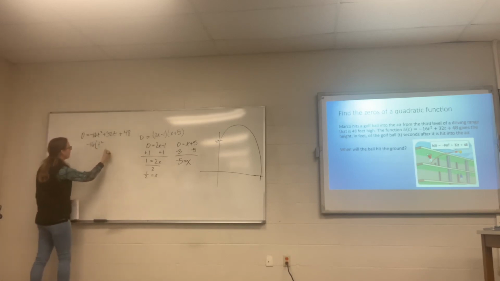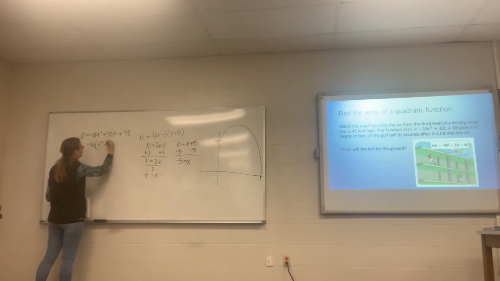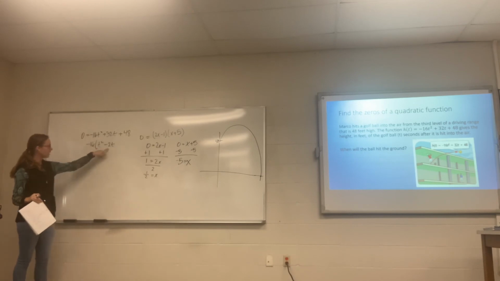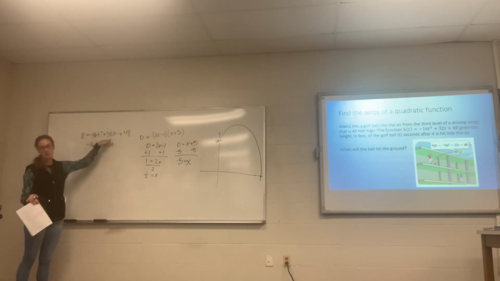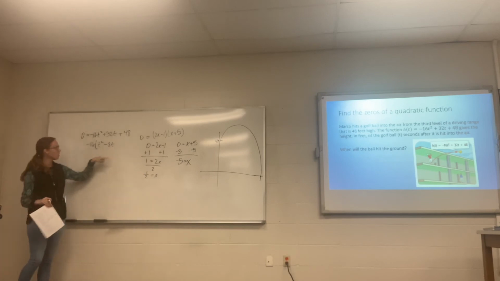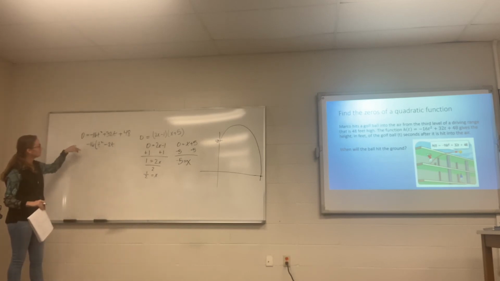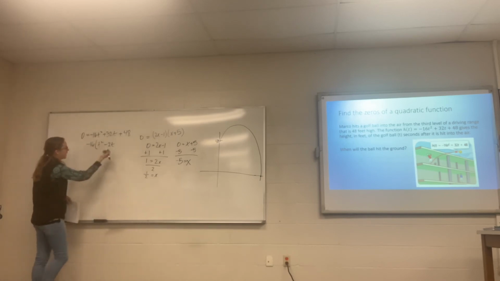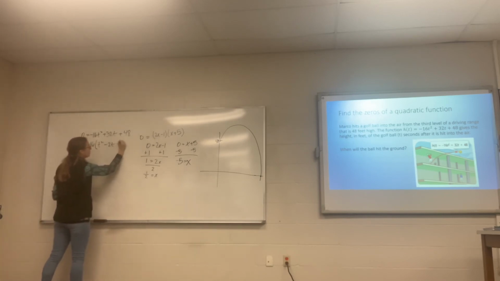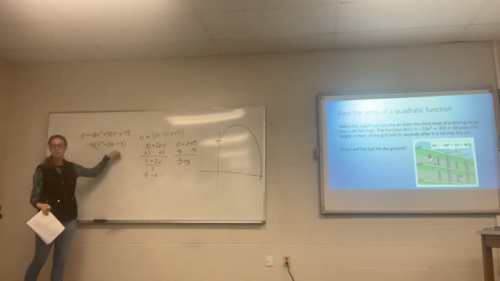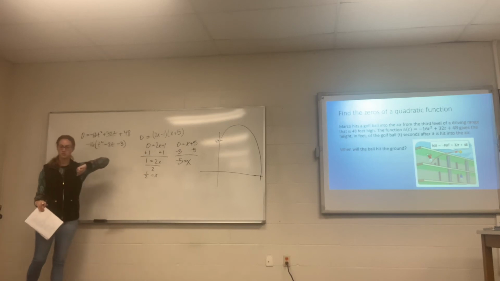I could plug in negative 2t, because negative 16 times negative 2 gives me the positive 32, and I still need that t. Then negative 16 goes into 48 3 times, and because it's positive, I need the negative 3, because negative 16 times negative 3 gives me positive 48.